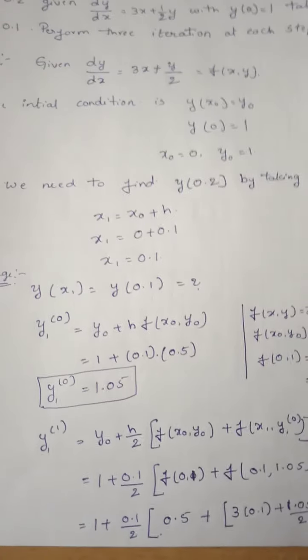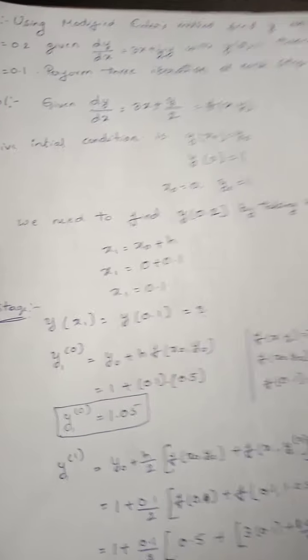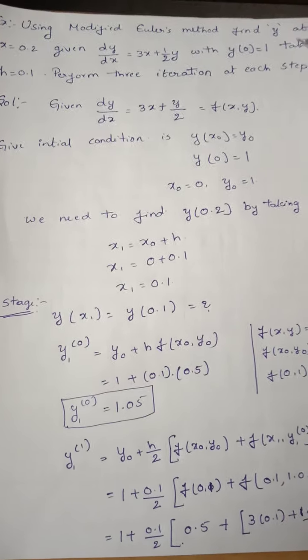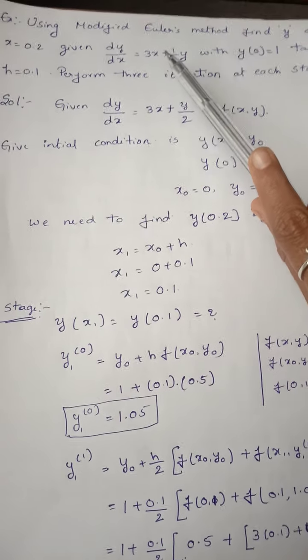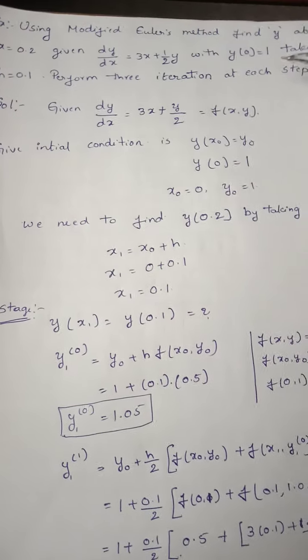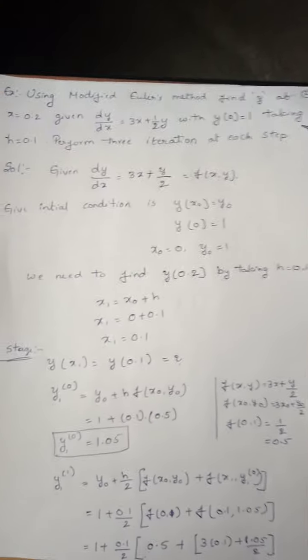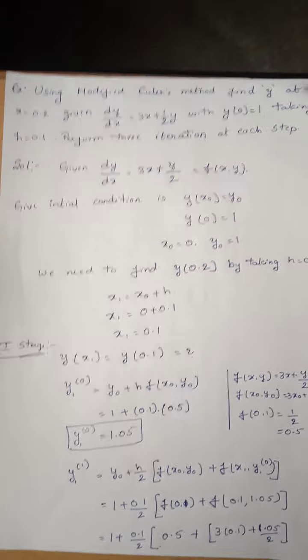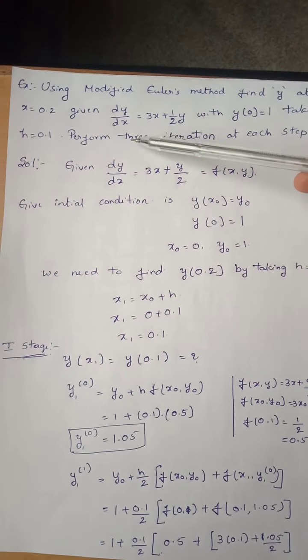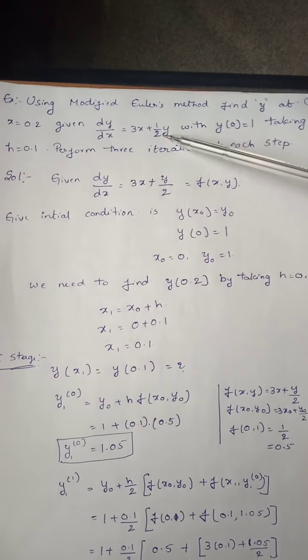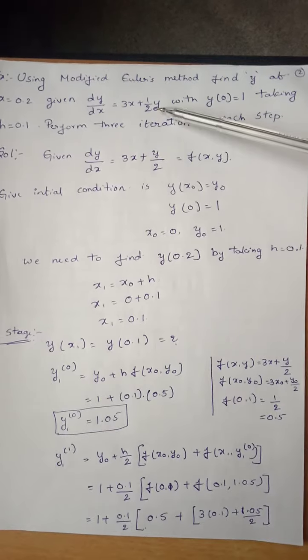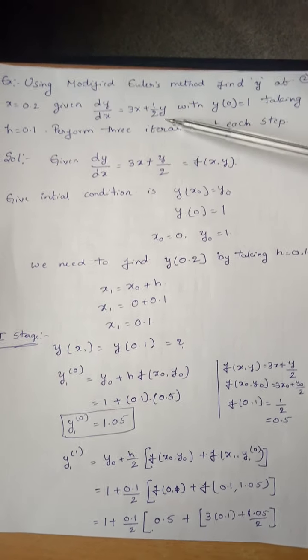So now I am taking a problem. They clearly mention in the problem which method you have to follow. Using the modified Euler's method, find y at x equal to 0.2. This is the given differential equation: dy by dx is equal to 3x plus y by 2.